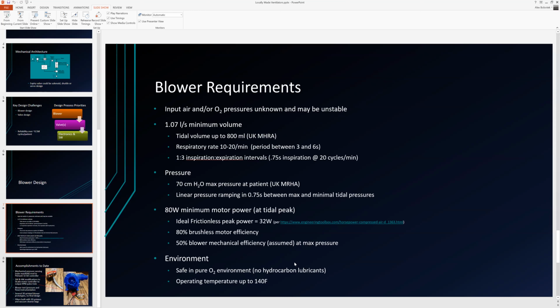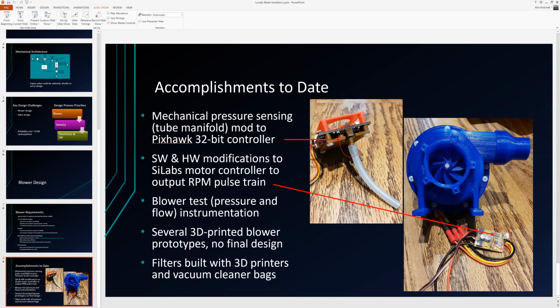And let me talk a bit about what I've done to date. What you see here in the first picture, the one towards the center, is a Pixhawk flight controller. It has a 32-bit microprocessor on it. It also has an auxiliary, I believe, 16-bit one.